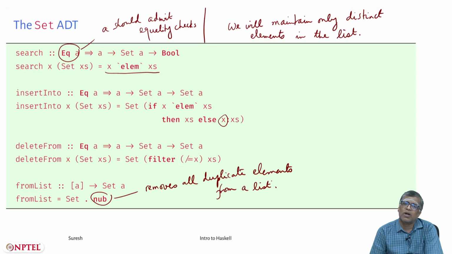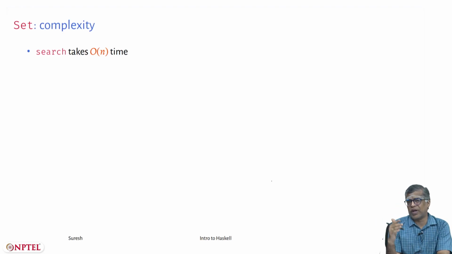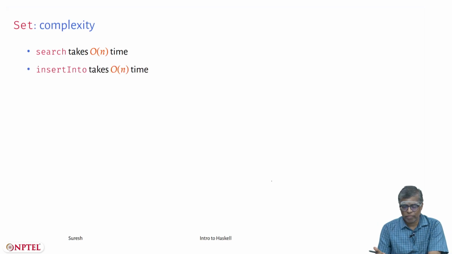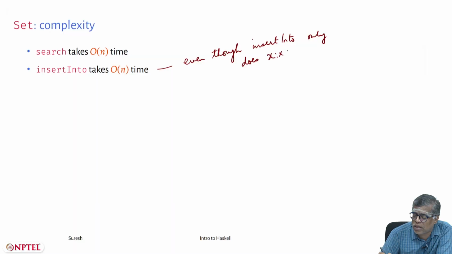You could do this. Let's check how much time it takes. Search takes order n time, because in general you do not know whether the element is at the very beginning or at the very end or not there at all, and if the element is not present in the list, you have to go through the whole list. Insert into again takes order n time, because even though it only does x colon xs, it checks beforehand whether x is an element of xs.